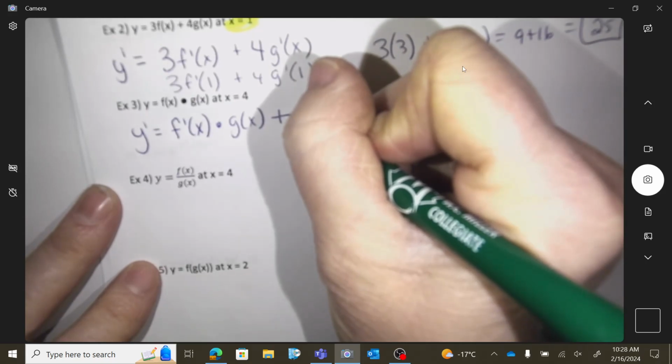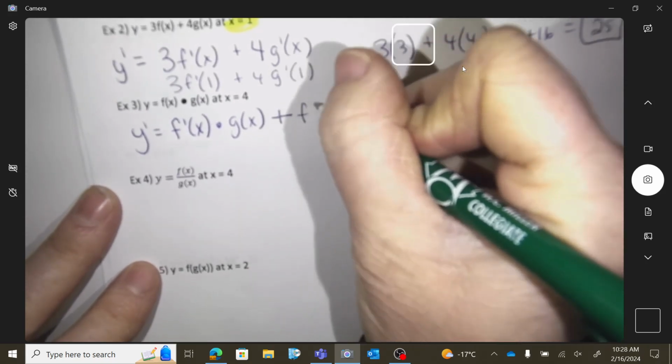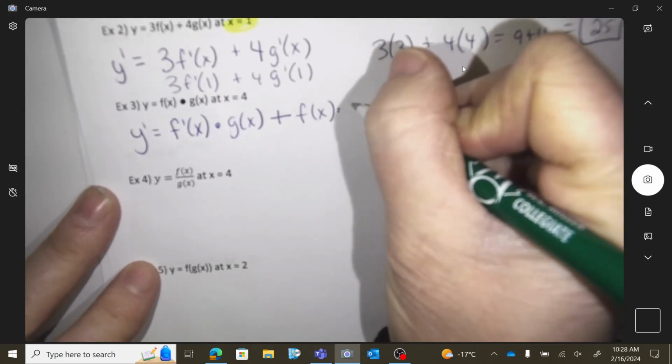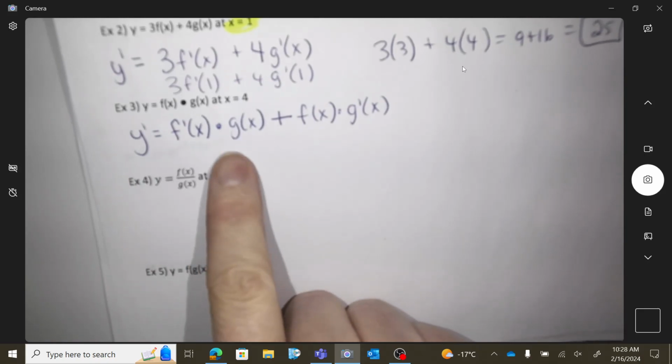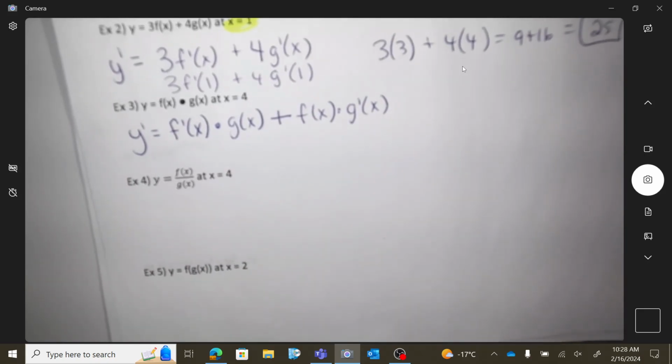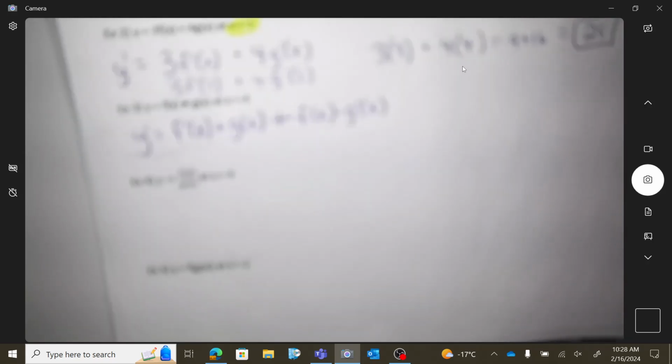Add, and then you keep and derive. Does that make sense? That rule. Derive, keep, plus keep, derive. That's the product rule.